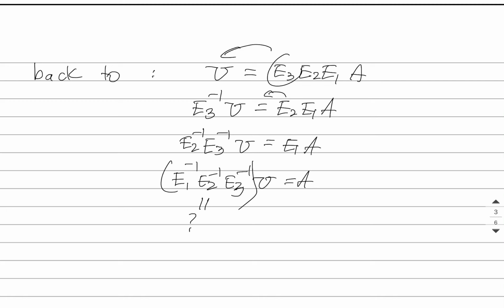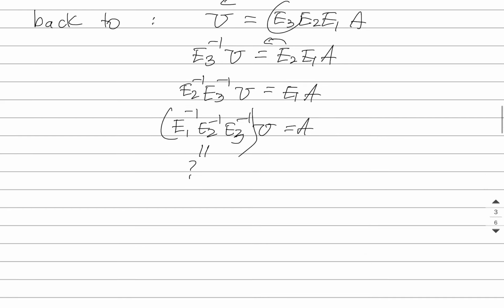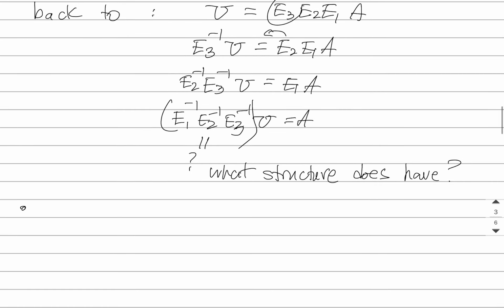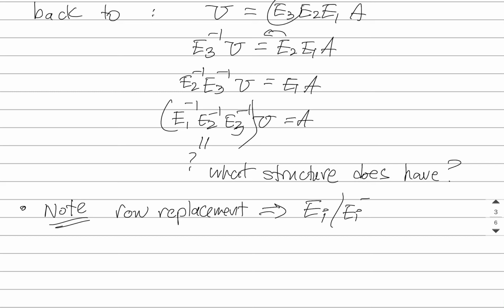But now the real magic lies in the form of this factorization. So what we're going to do is discuss this factorization form a little better. And in particular, we're going to ask, what structure does this have? Because it will have a structure. And you could probably guess, if we take a row replacement, this creates an elementary matrix, either the forward or the inverse one, that is lower triangular.